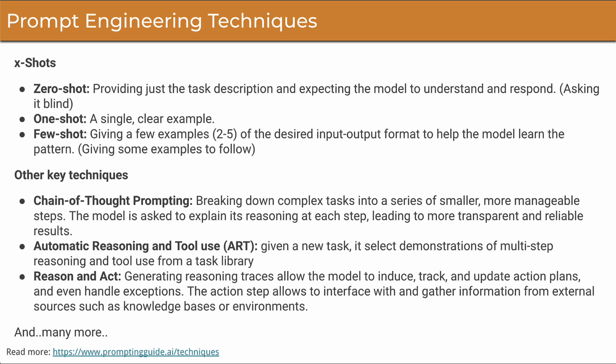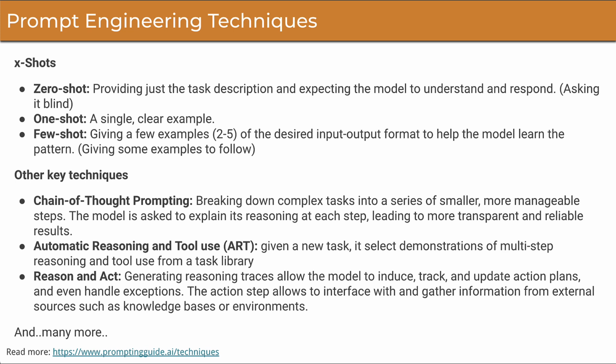So in the system prompt or subsequent messages, we can use other techniques to give instructions to the AI model to get the desired output. There are different techniques, including zero-shot, one-shot, and few-shot prompting. Zero-shot provides only a task description directly with no example, whereas one-shot gives a single example, and few-shot provides a few examples for the AI to learn and follow.